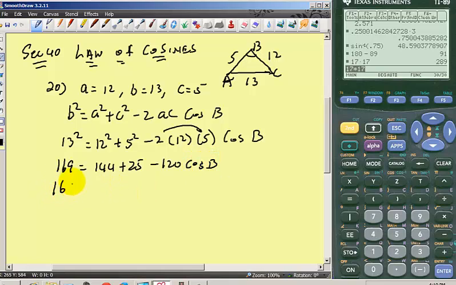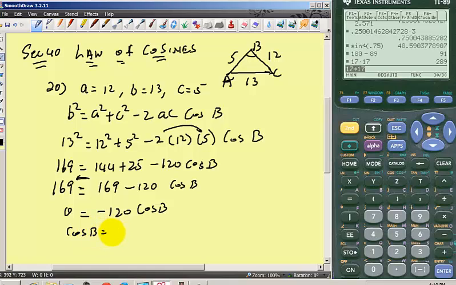So 169 is equal to 169 minus 120 cosine of b. When I subtract, that gives me 0 is equal to negative 120 cosine of b, and when I divide, cosine of b is equal to 0. That means my angle b is cosine inverse of 0.